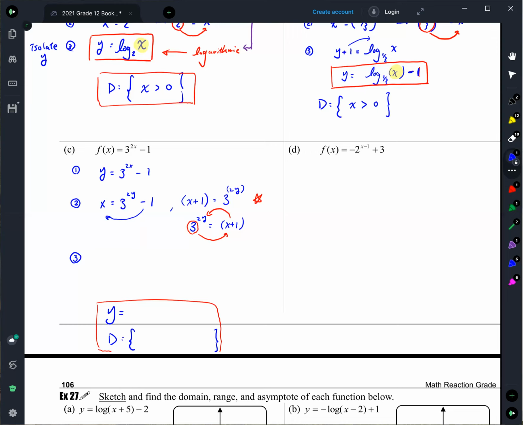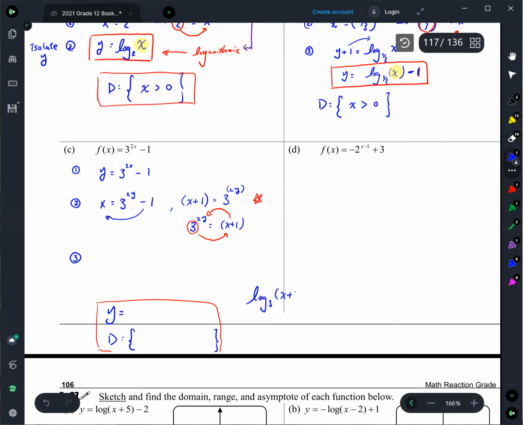Y equals log 3 to the x plus 1 equals y. So like this. Yeah. So what happened to the 2? Where did the 2 go? There's a 2 in the exponent, right? Oh, divided by 2. Oh, okay.